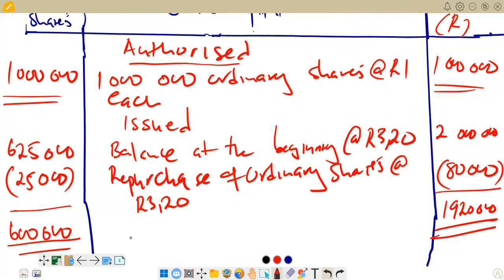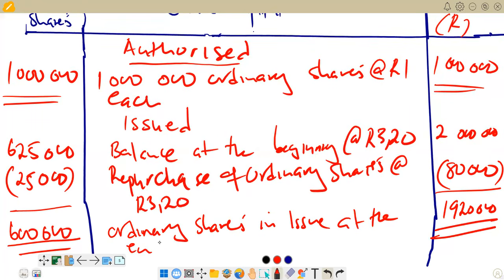So this is now ordinary shares in issue at the end. We know that they are still in issue at that average share price of 3 Rand 20. So that's what we have in terms of the ordinary share note.